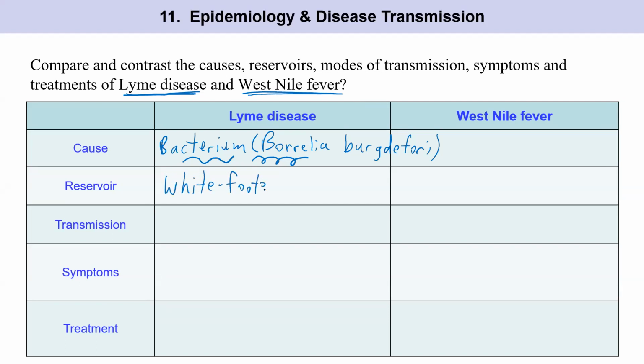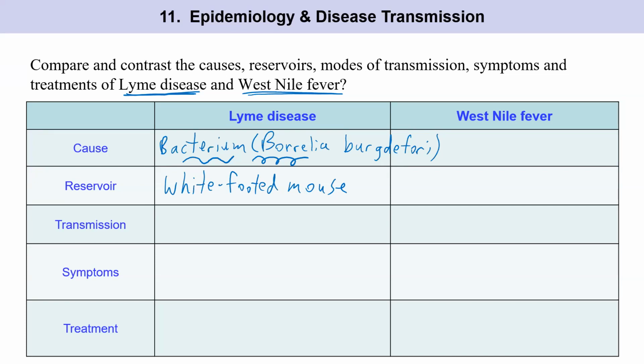White-footed mouse. Some people will talk about the deer. The deer are a little bit more important for the tick life cycle, but the bacterium's natural reservoir, where the bacterium lives, is actually in the mice. The deer, it's a small percentage, like 5 to 10%. Like I said, they're helpful for the ticks to survive.